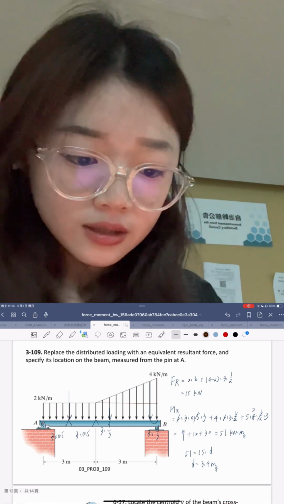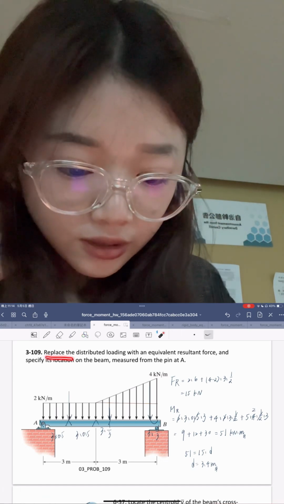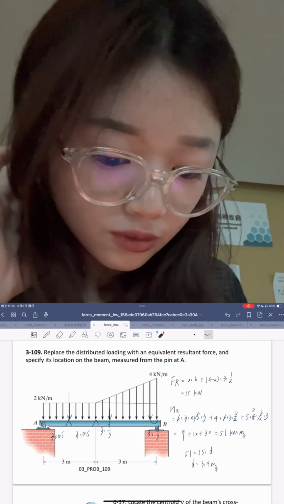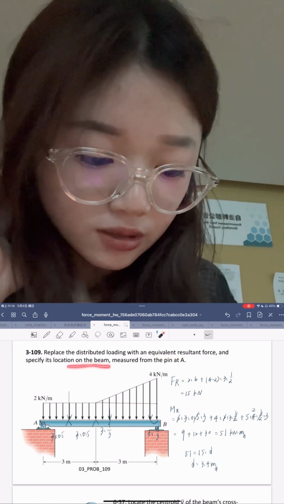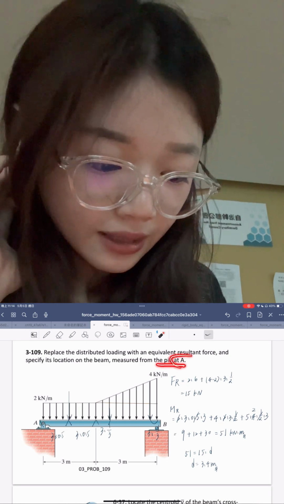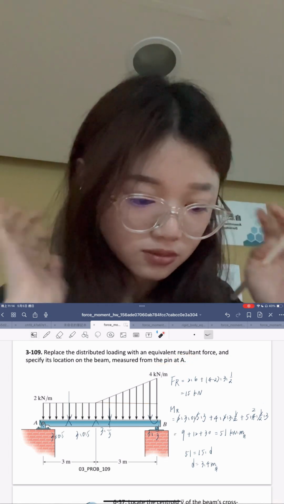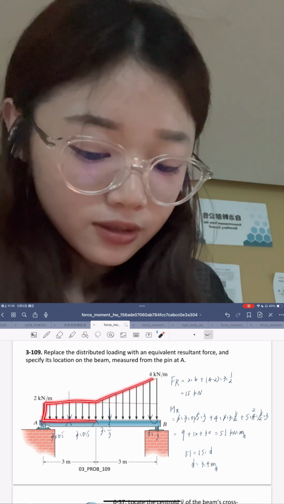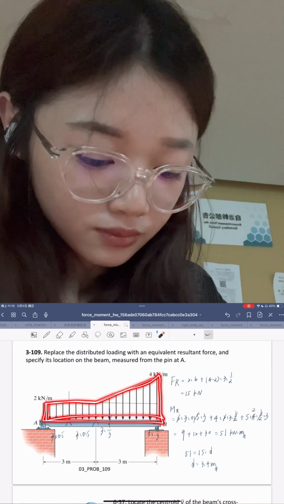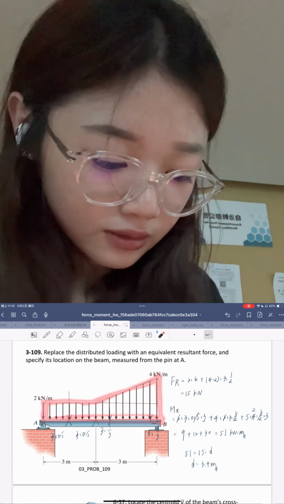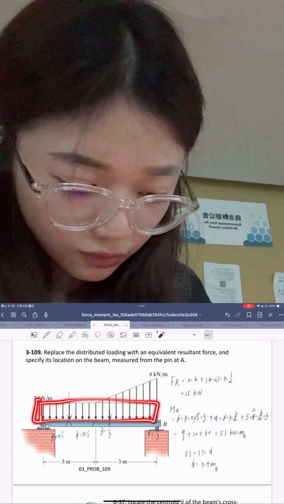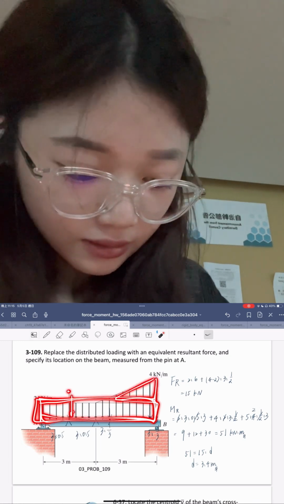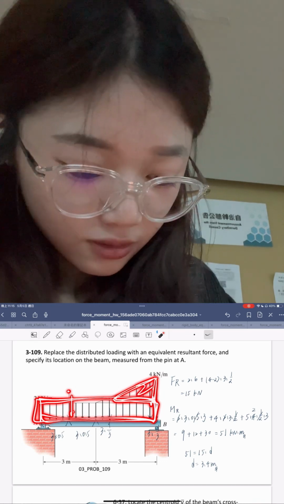The question is to replace the distributed loading with the equivalent resultant force and specify its location on the plane measured from the pin at A. So I separate this area into two different parts. One is this area, and this triangle is 2.